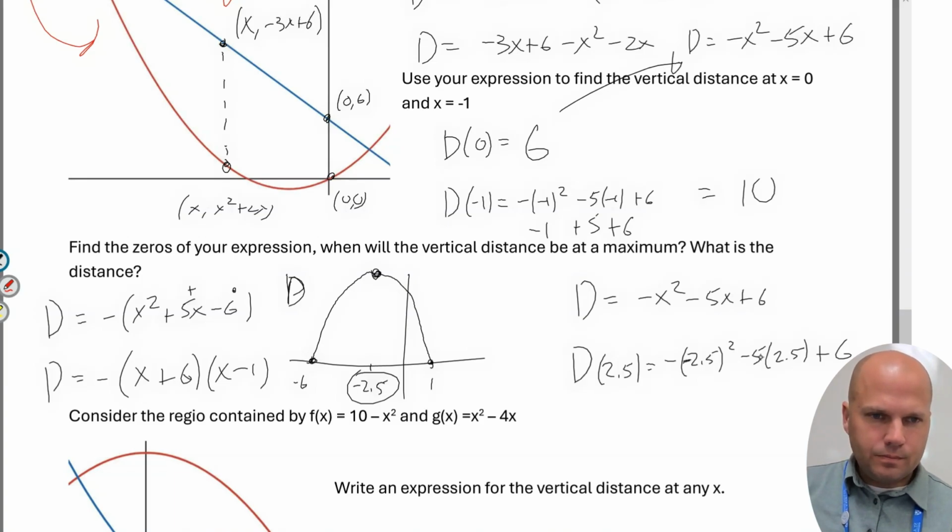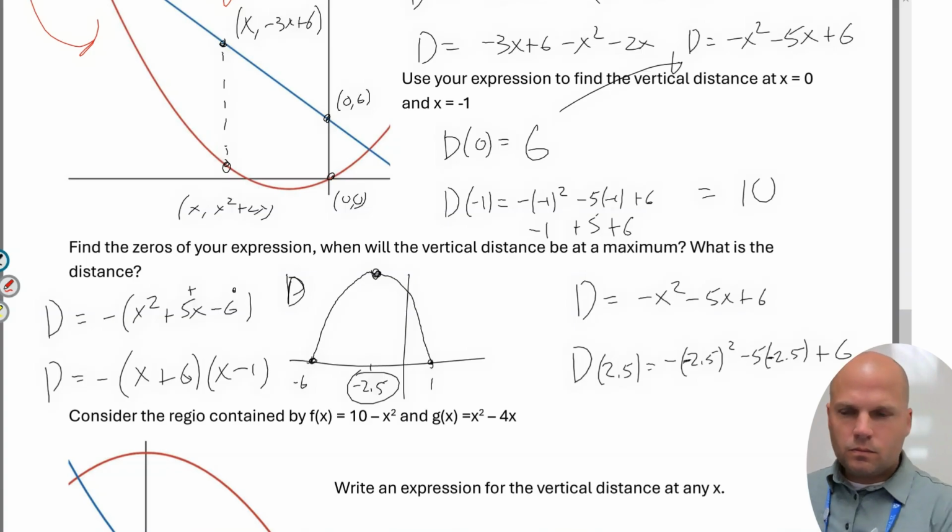My bad. Start over. I'll have negative 6.25 minus, parentheses, 5 times 2.5, which is negative 12.5, which I add as positive, 6.25 plus 6, which I get 12.5.